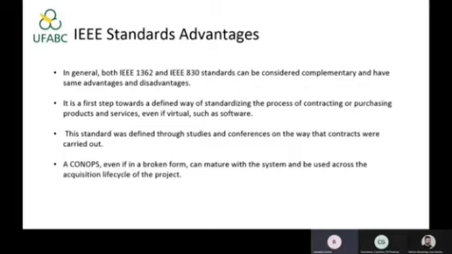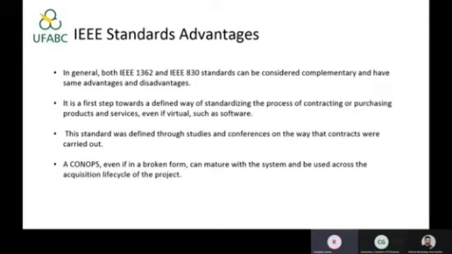It's a first step towards a defined way of standardizing the process of contracting or purchasing products and services, even if virtual, such as software. This standard was defined through studies and conferences on the way that contracts were carried out.